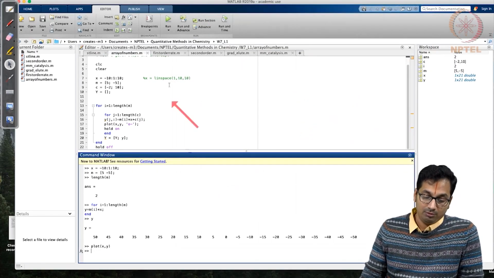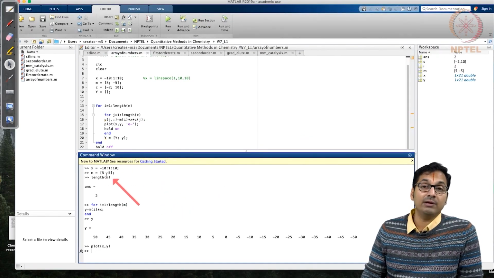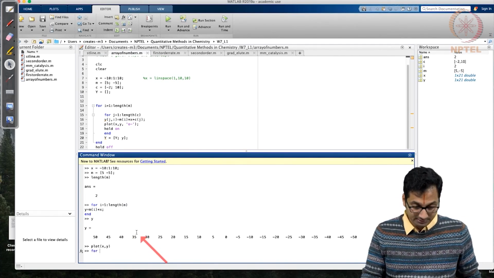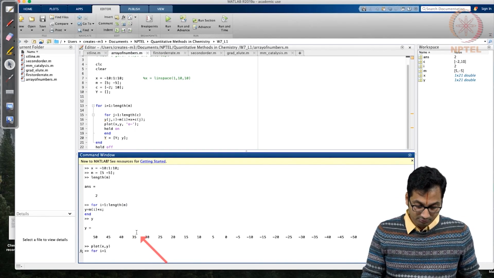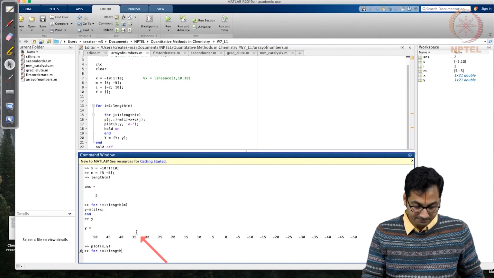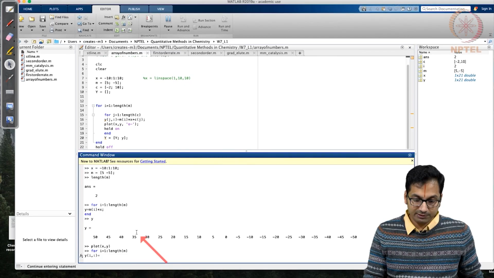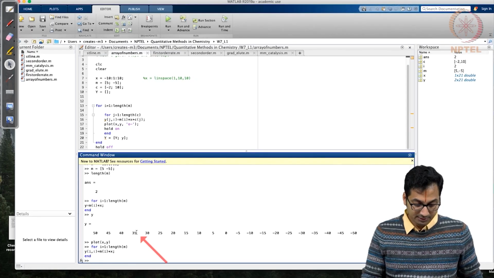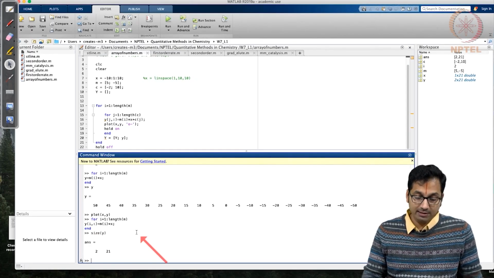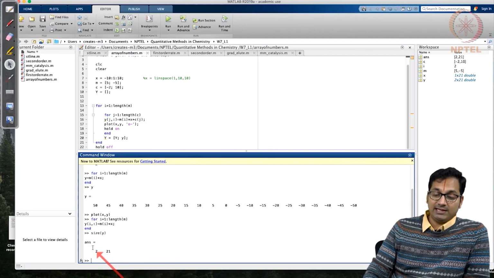So now what we have realized is that although we have 2 different slopes, we are not able to simulate both. So one way of doing this is once again going from 1 to length of m, then saying y of i is equal to m of i star x, and so now if you ask what is the size of y, you are able to see both have been calculated.